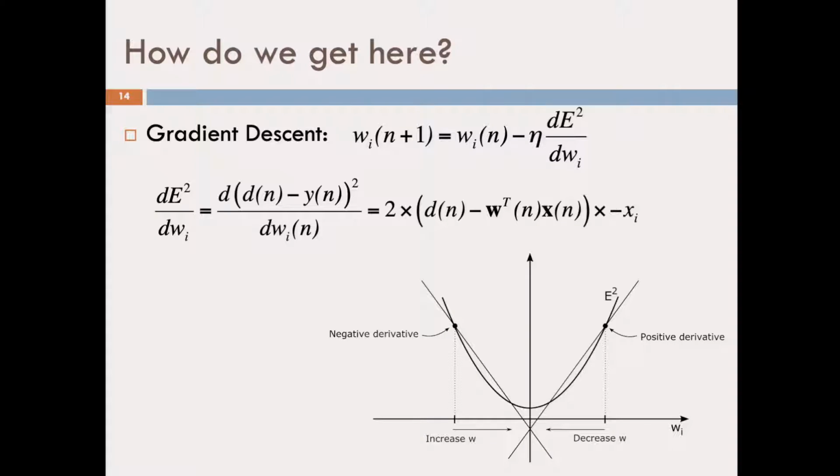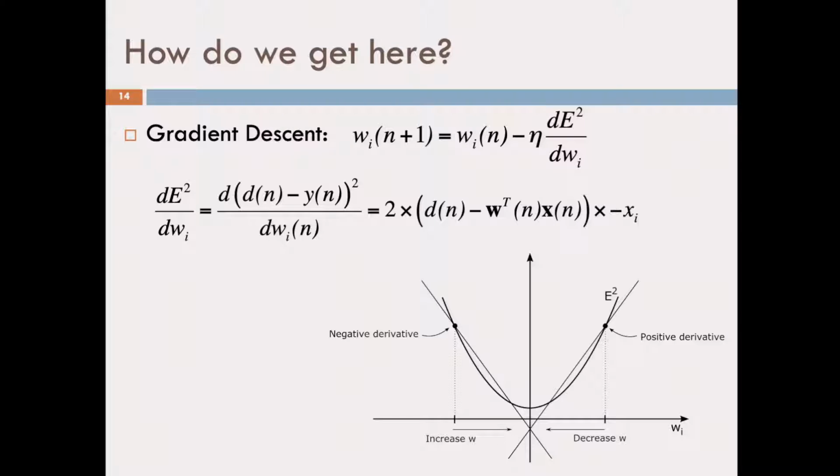The derivative of the error in the direction of w_i, which is just one weight of the perceptron, is going to be the derivative of the error. What's the error? The desired output minus the predicted output, in the direction of that w.